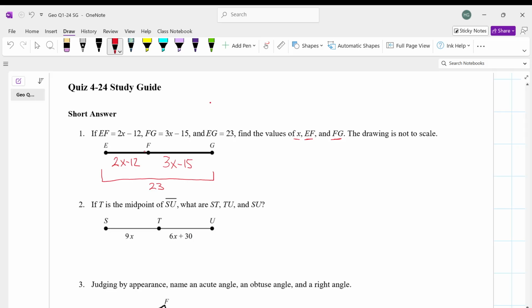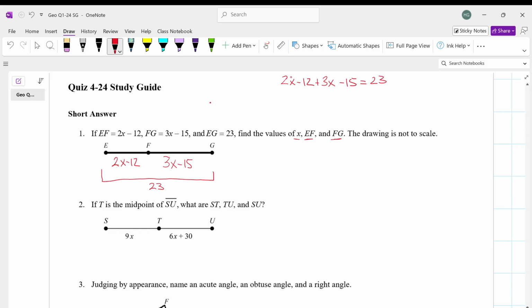All right, so we talked about this last week, that the sum of the two shorter segments is equal to the length of the entire segment. So we're going to take 2x minus 12, add it to 3x minus 15, and set that equal to 23.